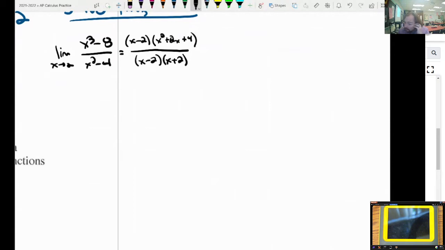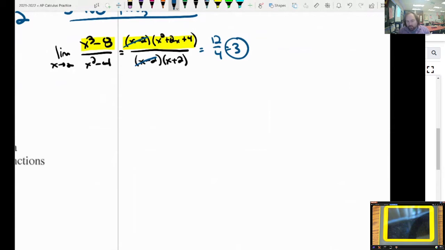I do not recommend that you use this strategy because it really relies on you having memorized the difference of cubes, which is not a thing that I think a lot of students memorize, including myself. I have to Google it every single time. So at this stage, you could cancel out the x minus 2's, and now you can plug in 2. And plugging in 2 will give you 12 over 4, which is 3. And that is the correct answer.